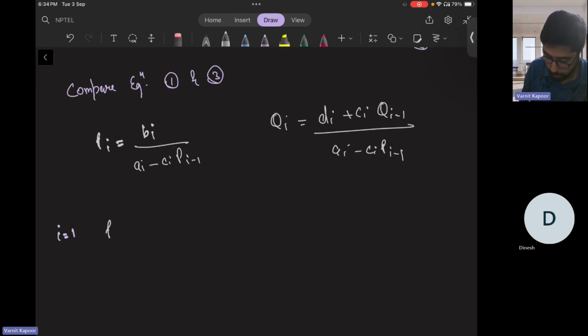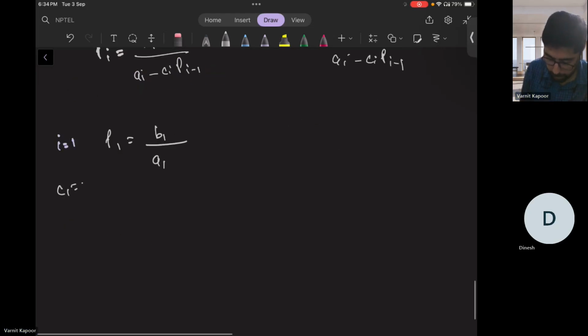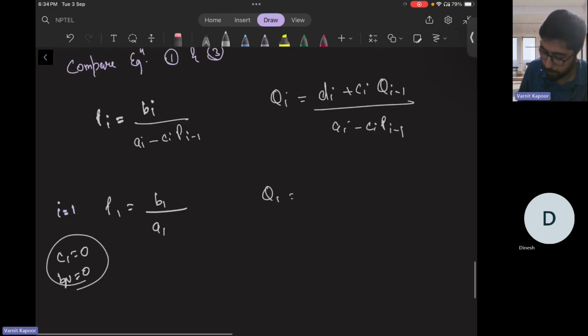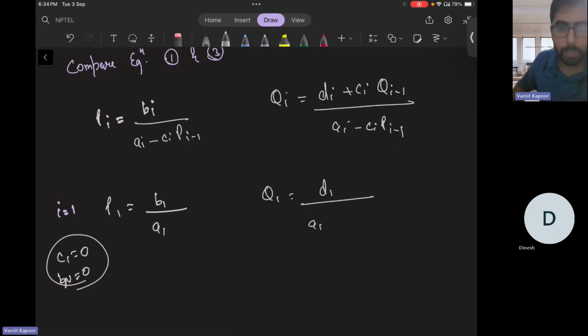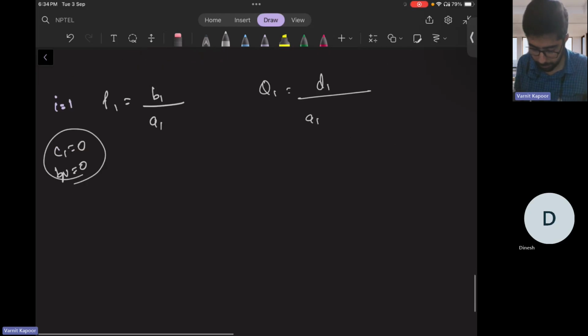If you put I is equal to 1, P1 will be B1 over A1, and C1 is 0, C1 and Bn are 0 for trivial solutions. And Q1 will be D1 over A1, since C1 is 0. These A1, B1 you will get from the discretized coefficients of the equations. We will solve that thing, don't worry.